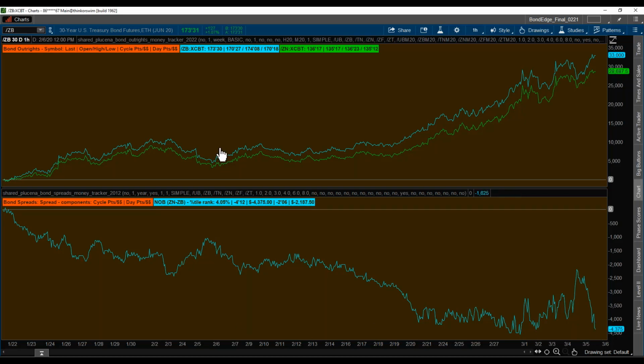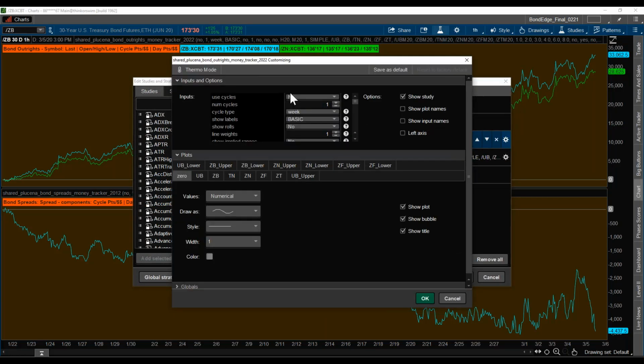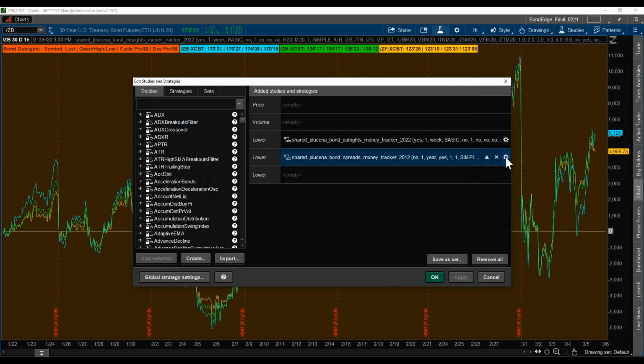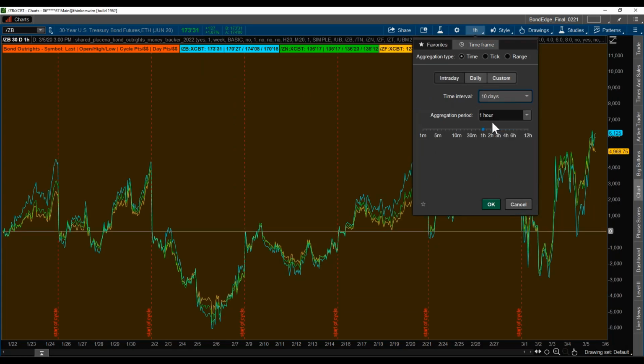We can look at them outright like this, or we can look at them as a spread. Let me show you some practical ways to use this. If we look at ZB, ZN, and I'm going to take off this bottom one, let's only look at the last 10 days.